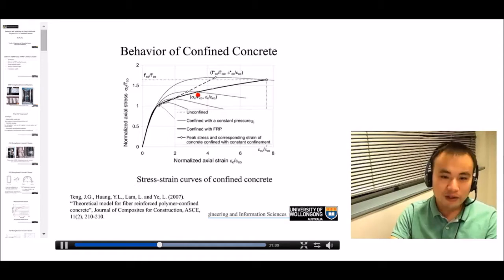For the same axial strain and stress, the confining pressure is always the same.